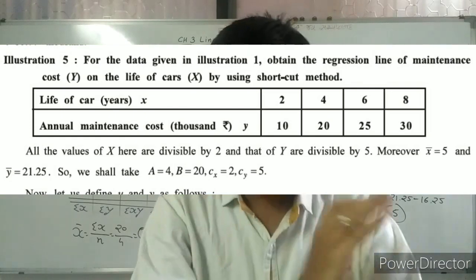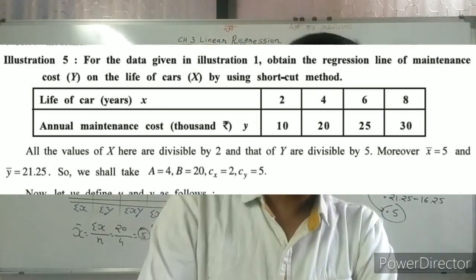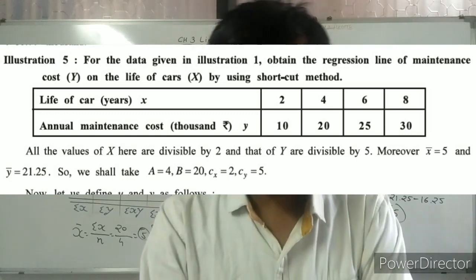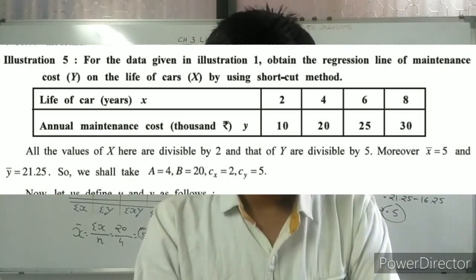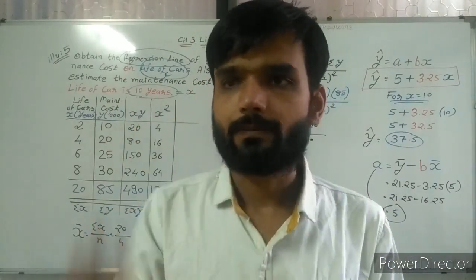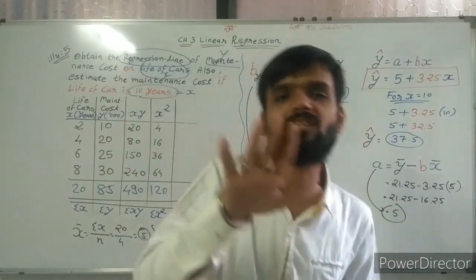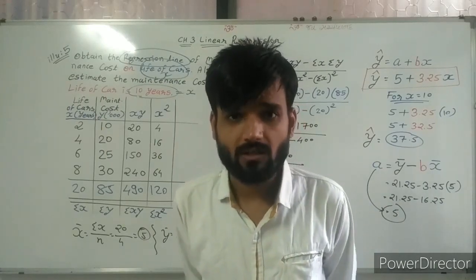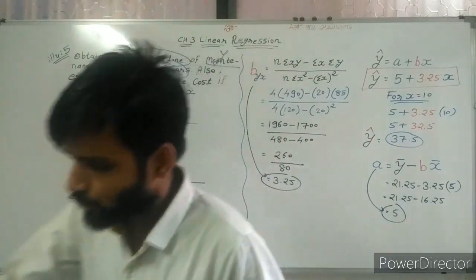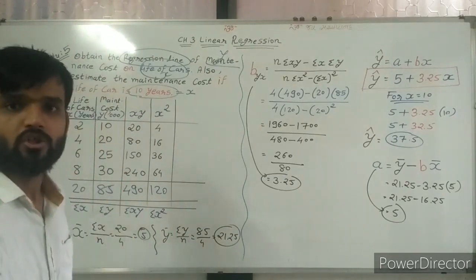For the data given in illustration number 1, obtain the regression line of maintenance cost on life of cars by using the shortcut method. Now, here clarification is given, use the shortcut method. So, same sum we have to do with the shortcut method. Now, sir, which is the shortcut method? UV method is the shortcut method. So, we are doing this same sum with the UV formula.